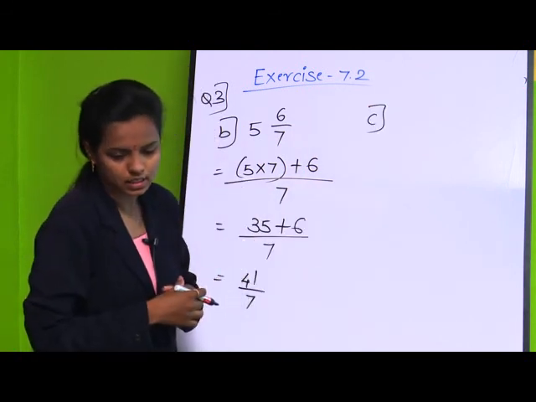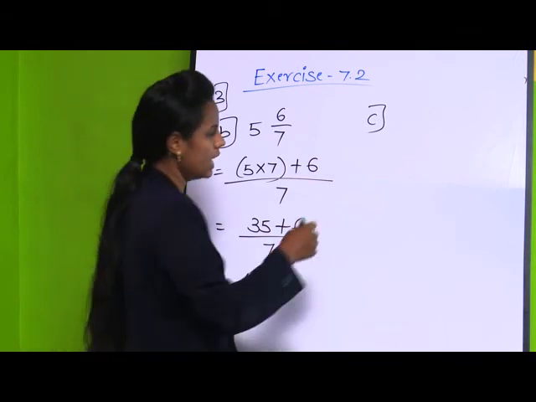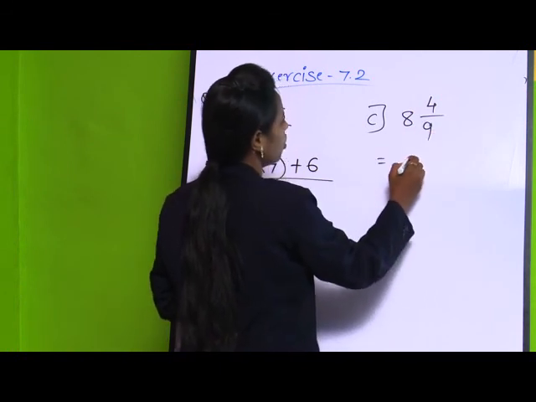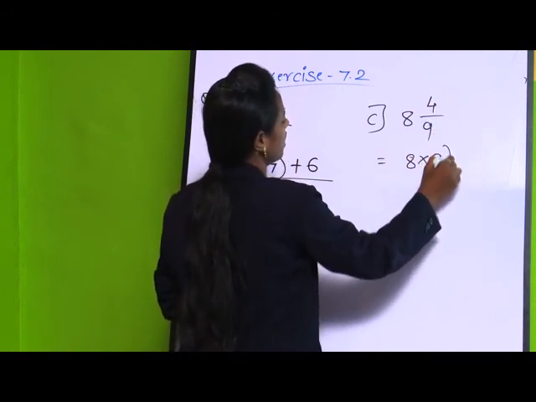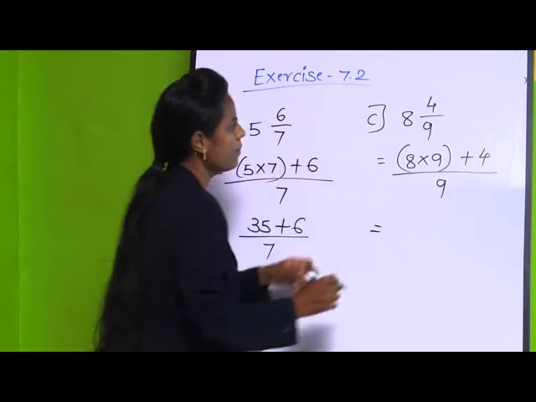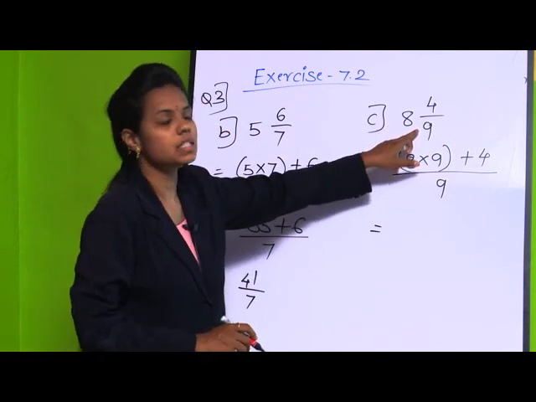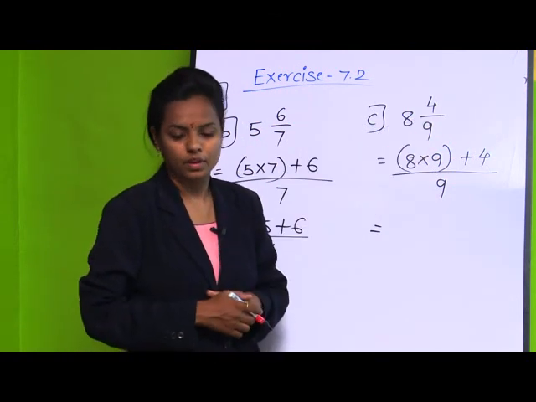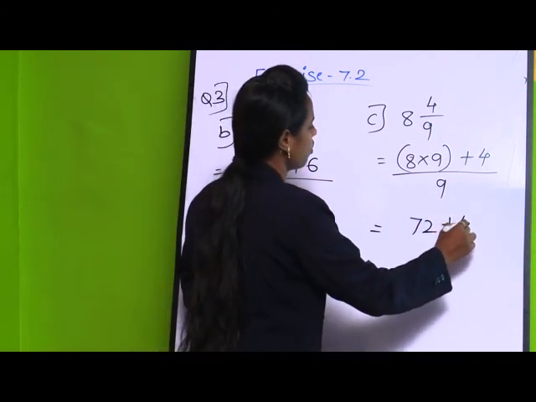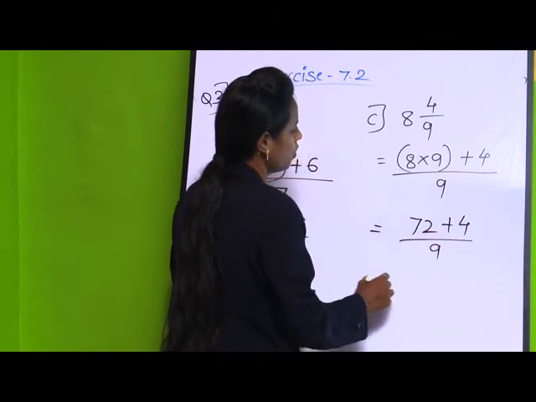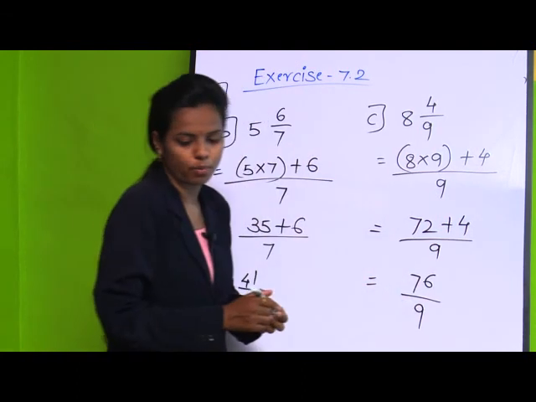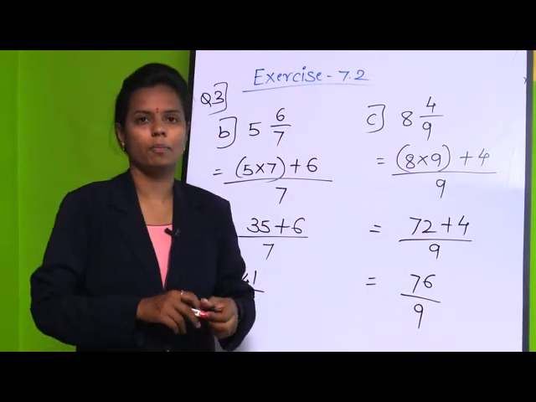That is 8 4 by 9. Okay. So, 8 into 9 plus 4 by 9. 8 9s are 72 plus 4, which is 76 by 9, the improper fraction.